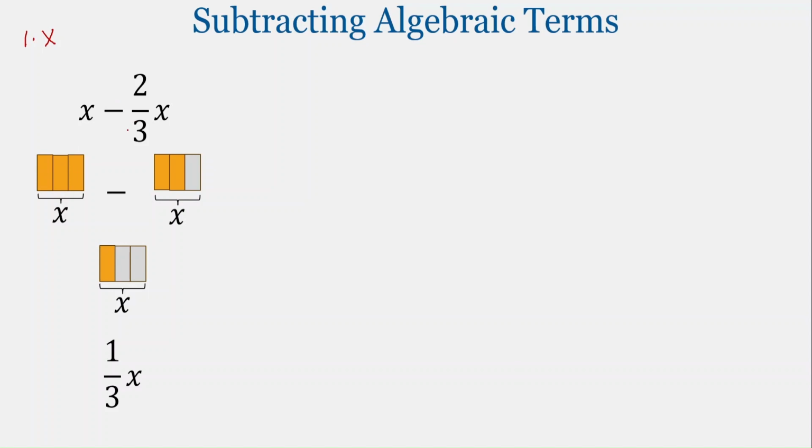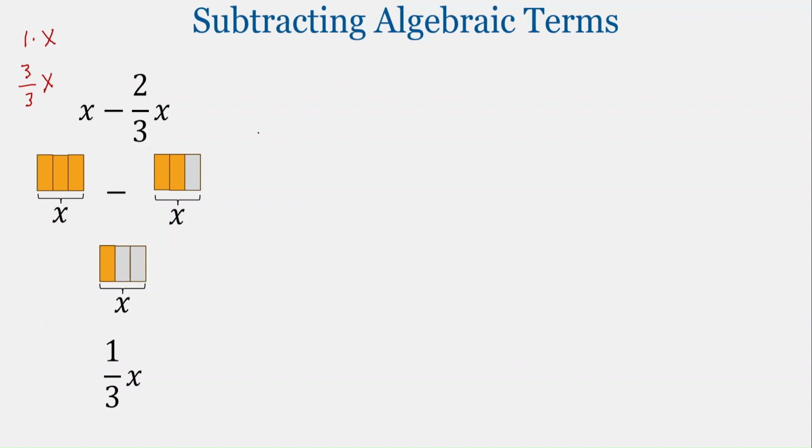But since we have a denominator of 3 here, we also want our x to have that same denominator. So we can rewrite 1 as 3 over 3, x. So we have this bar representing x. We're going to divide it into 3 equal sections, and all 3 sections will be shaded. And then for 2/3 of those 3 sections, 2 will be shaded.